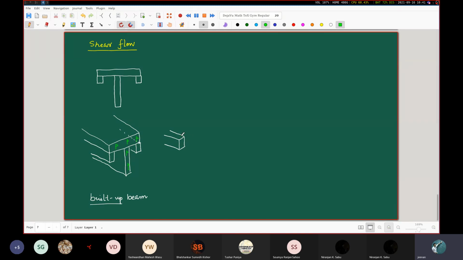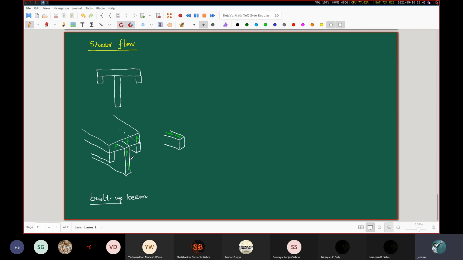It will be something like this. You can have a tau yx like this. Okay, that's better. So tau xy like this. On this particular horizontal level also, if you detach this, you will obtain some kind of a tau xy there.